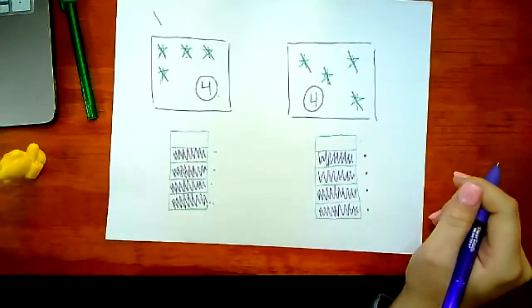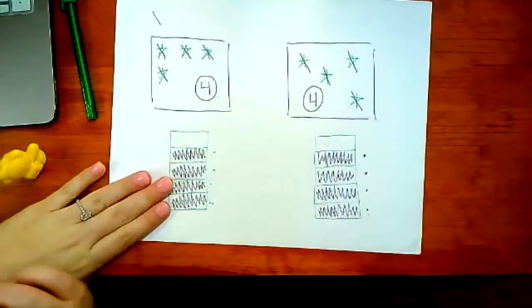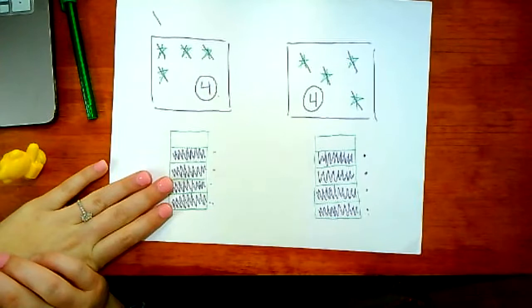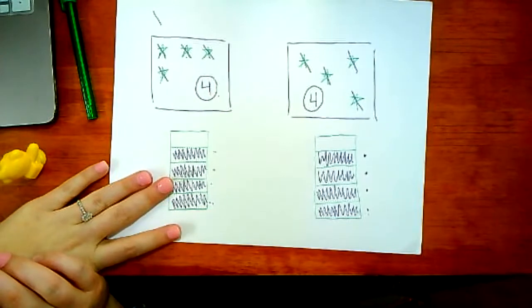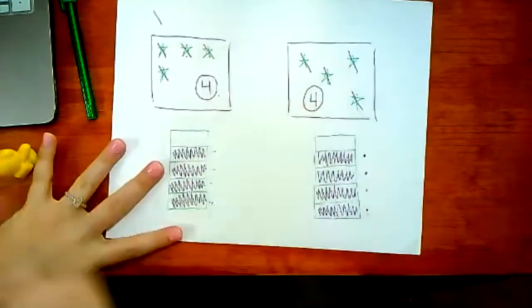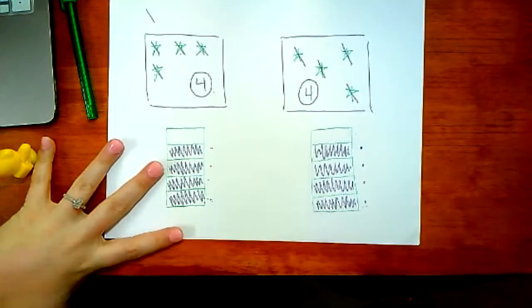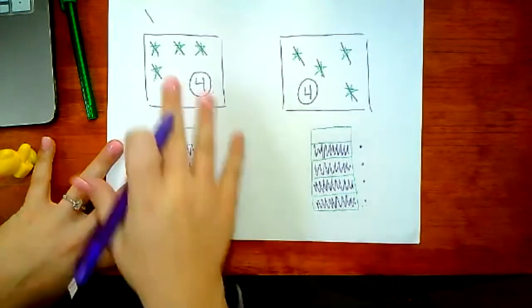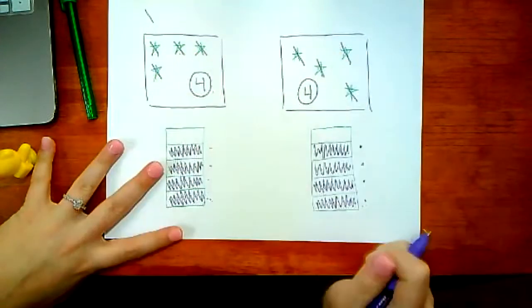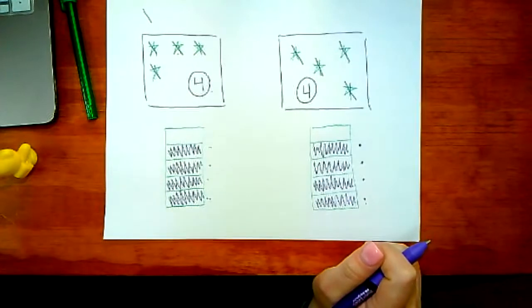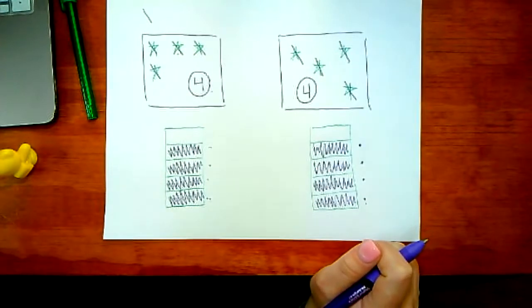So I want you to look at this right now. Look at both of the boxes. Are the stars, do they look like they're in the same pattern or the same way? Do they look the same in our boxes? Not that they look the same how they're written, how they're drawn, but in the pattern that they're in. Looking at that, are they the same or are they different?